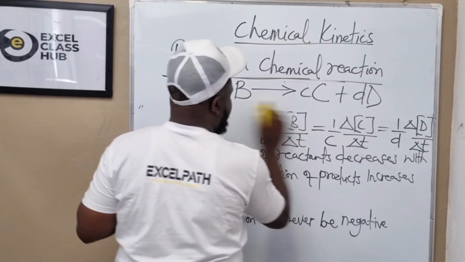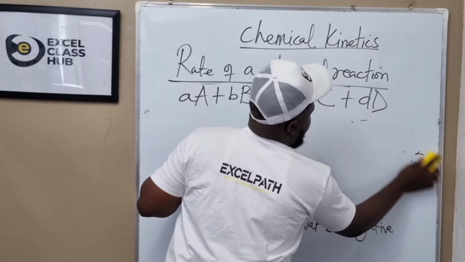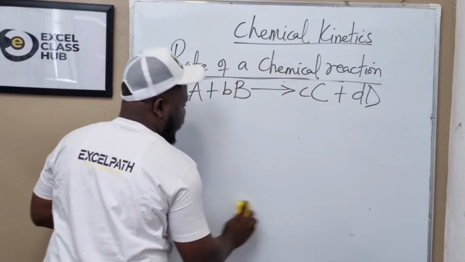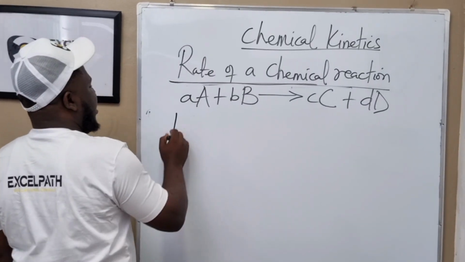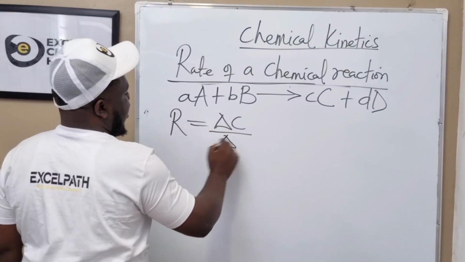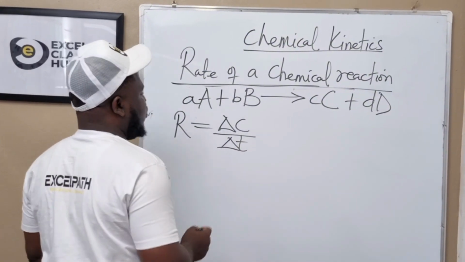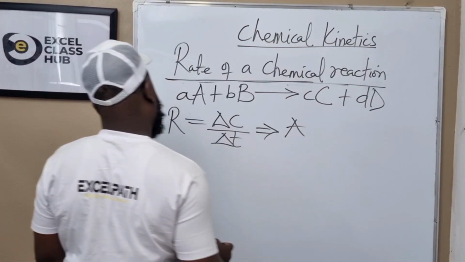So for instance, since we said that the concentration of reactants decreases with time, remember that rate is change in concentration all over change in time. So let's use reactant A, for example.